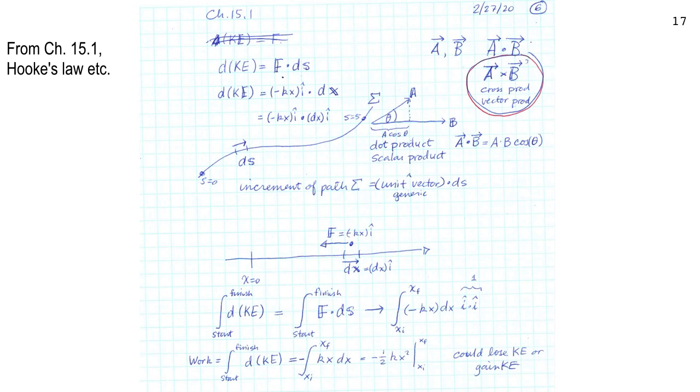Negative kx squared over 2. Not minus 1/2 kx squared, evaluated between x_i and x_f.